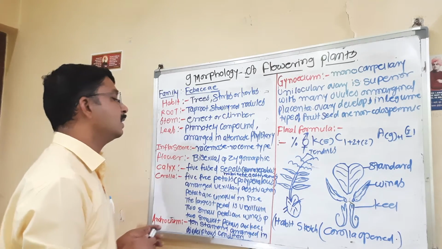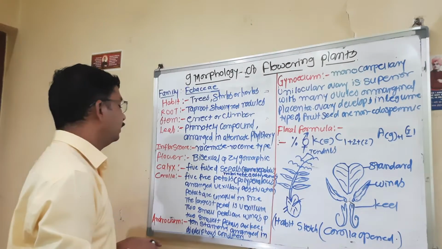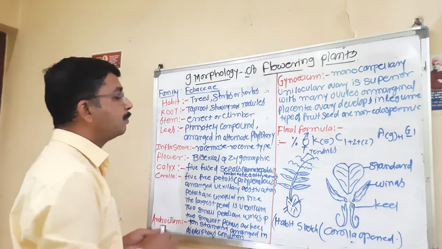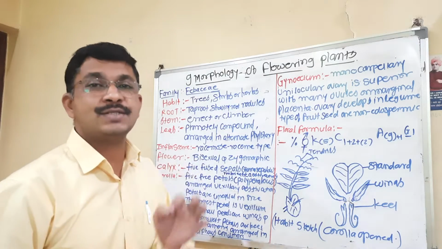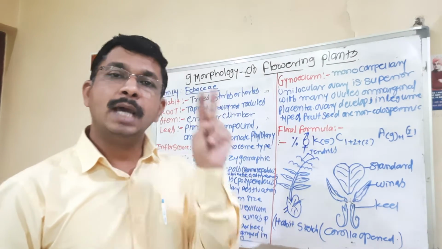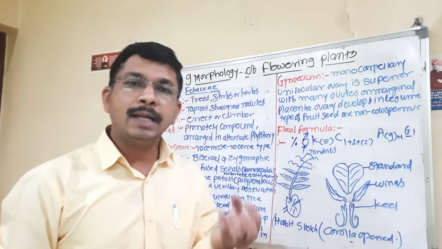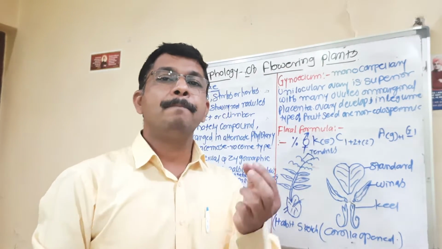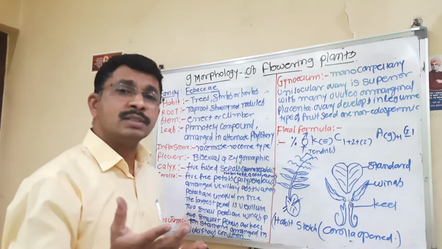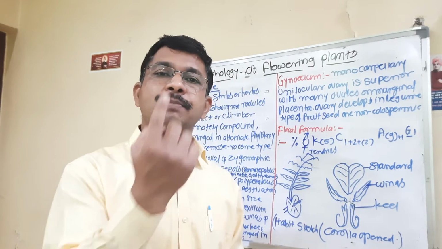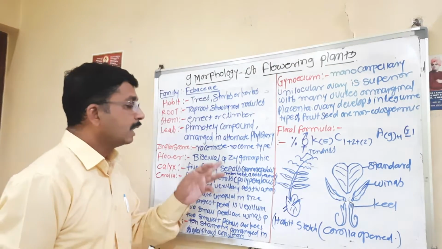Then inflorescence. The inflorescence is racemose, or raceme type of inflorescence. Then the flower is bisexual and zygomorphic. Flower is bisexual. Bi means two, that both sexes are present in one flower. That phenomenon is known as a bisexual flower.